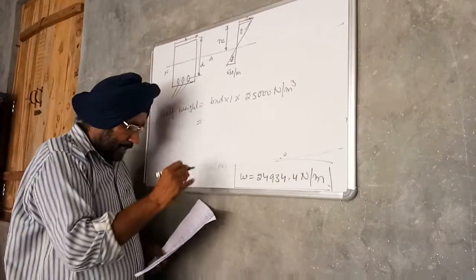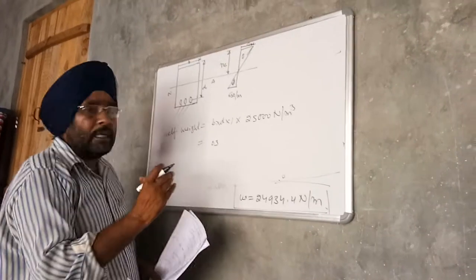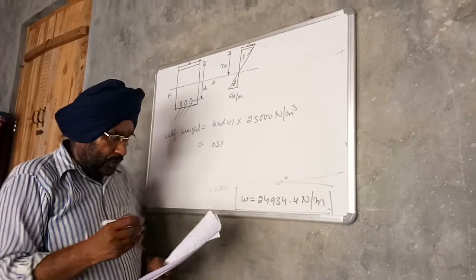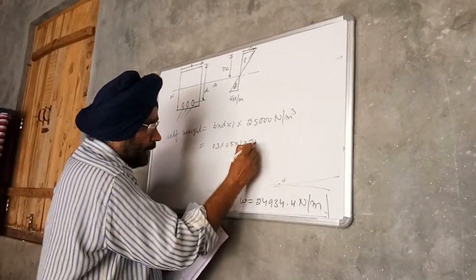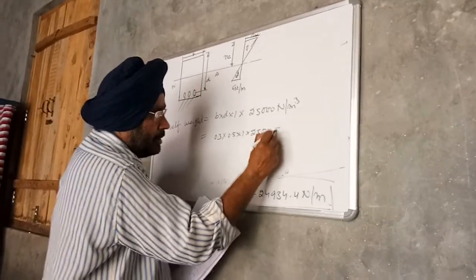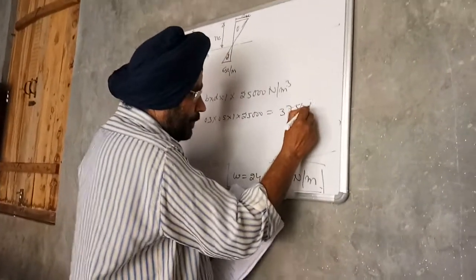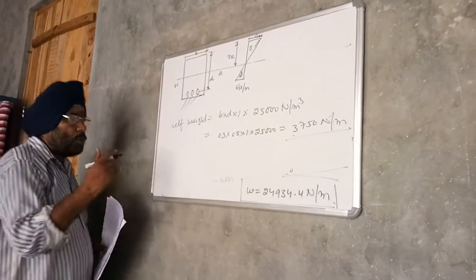Width of the beam section is 0.3 meter, because 300 millimeter means 0.3 meter. Effective depth 500 millimeter means 0.5 meter, into 1 into 25,000. So the self weight of the beam is 3750 Newton per meter.